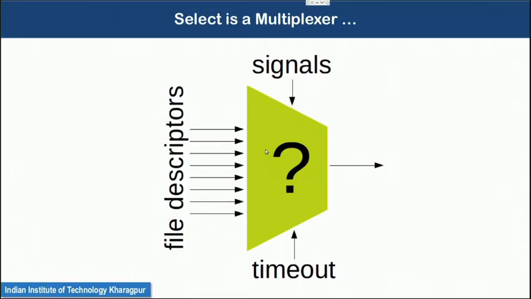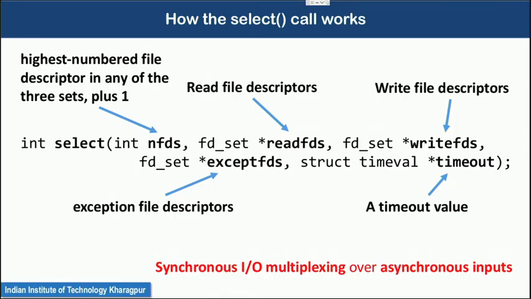You have multiple file descriptors, certain signals and a timeout, and out of these multiple file descriptors, it selects one. It finds out which of these file descriptors is currently active, and selects that particular file descriptor. Here is the format of the select system call. You provide the number of file descriptors, which is the highest file descriptor number in any of the 3 sets, plus 1.